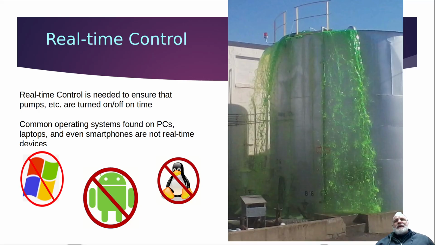So if you've ever been on your computer trying to do something and all of a sudden you're just like, what's it doing? It just seems like it's waiting for something. That's because these operating systems are in the background doing other things. And these other things, they don't care about you getting things done in a hurry.